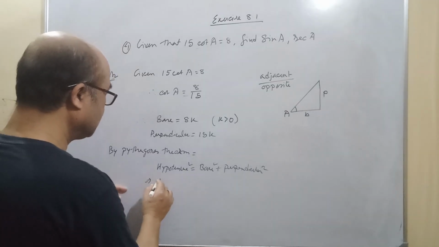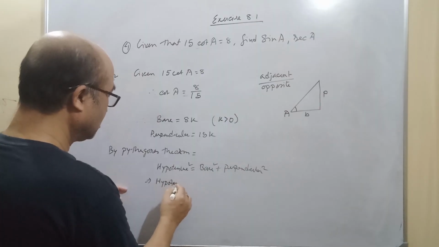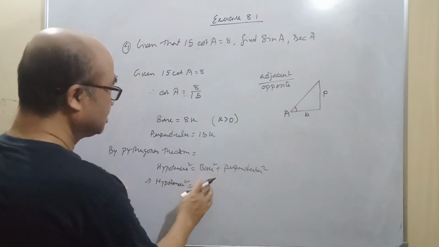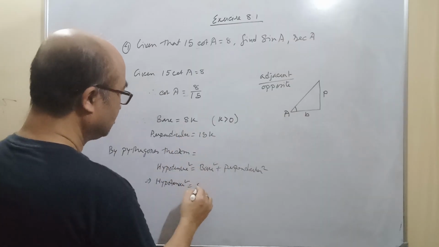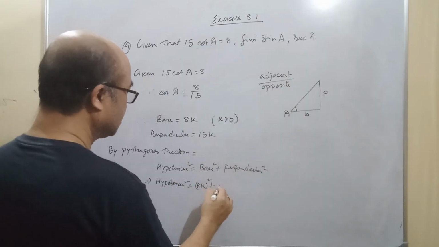So we have hypotenuse. What is hypotenuse? What is base square? It is 8k square. What is perpendicular square? 15k square.